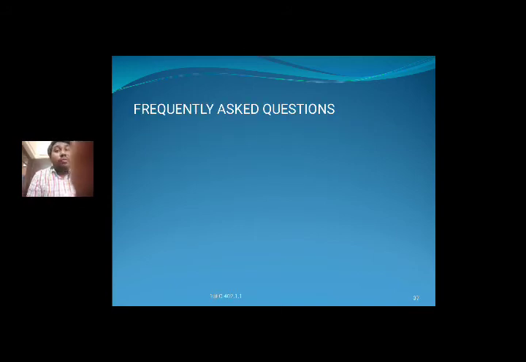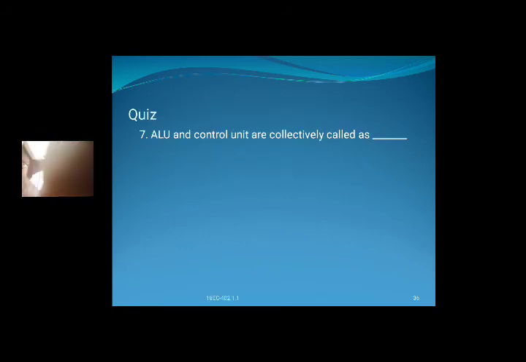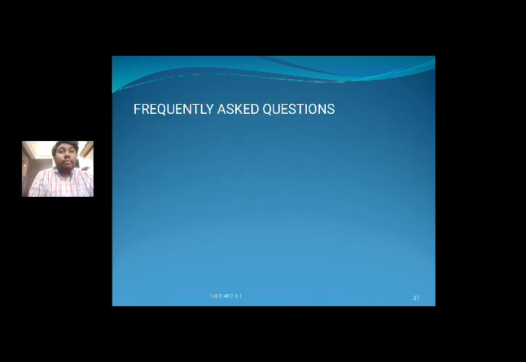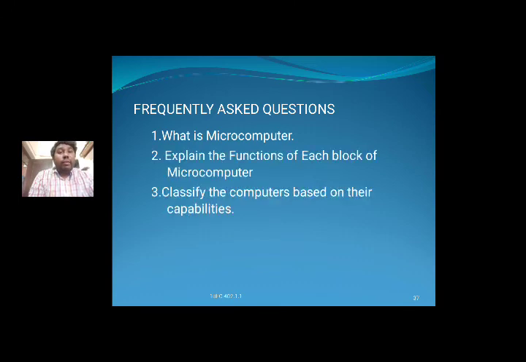These are the quiz questions of this particular topic. The frequently asked questions in this particular topic: what is microcomputer? Like a 3 marks question. They also ask it in the practical exams.